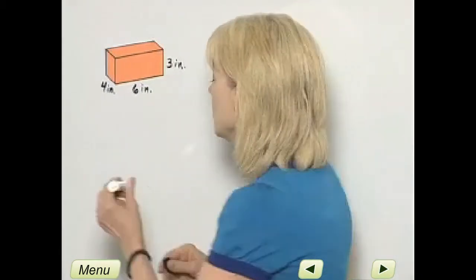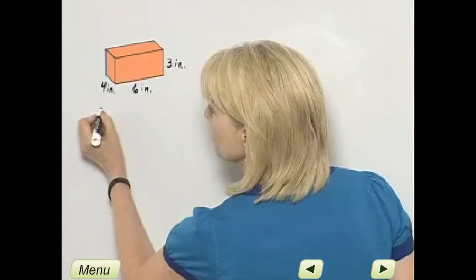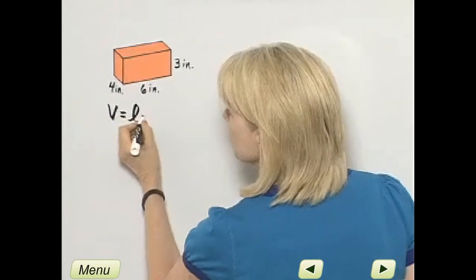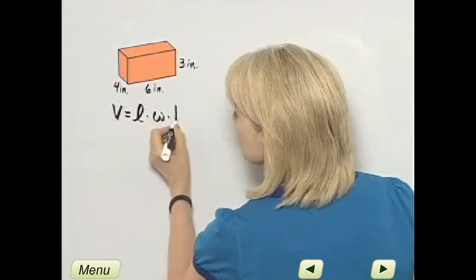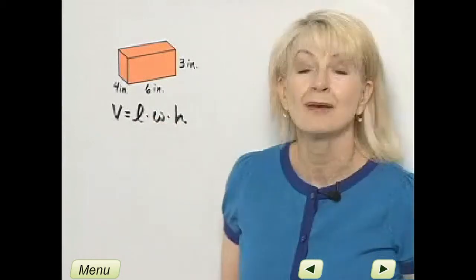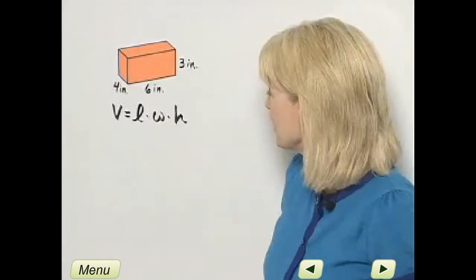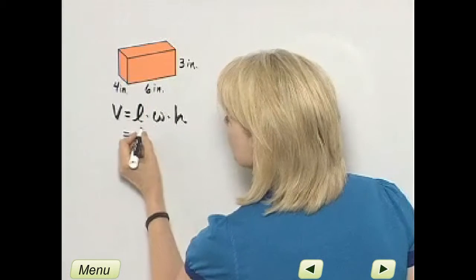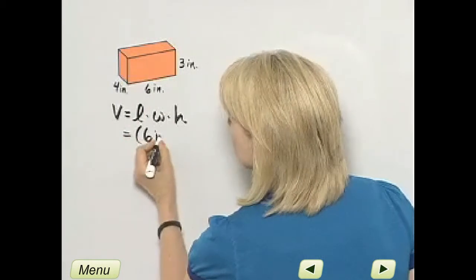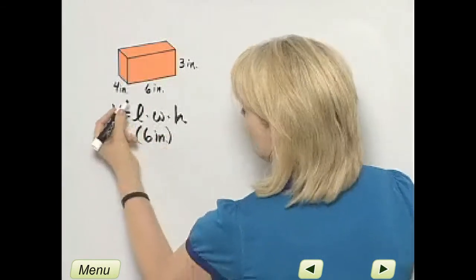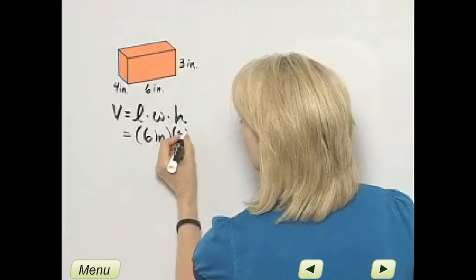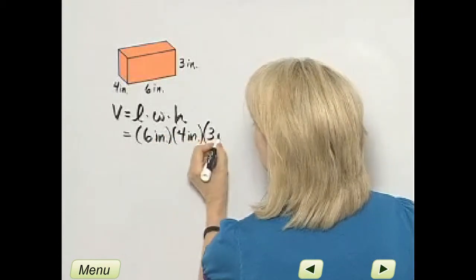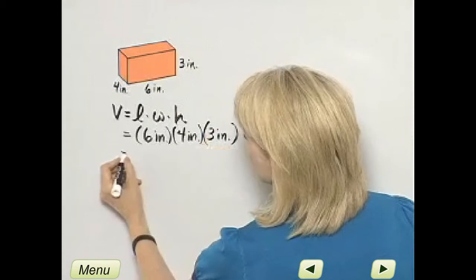So to do so, we use the volume formula for a rectangular solid, which is length, I'll use L, times width, I'll use W, times height, I'll use H. And then we just fill it in. Length is 6 inches. Width, I'll use 4 inches. And then height, I'll use 3 inches.